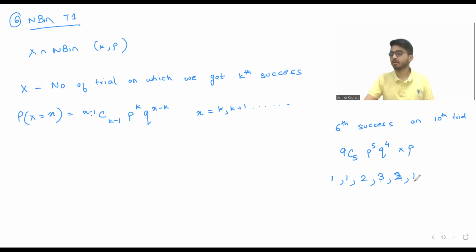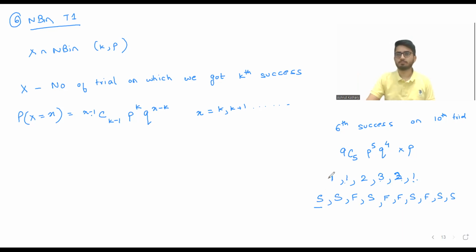What I'm getting is that on the 10th trial, starting from the beginning, I got my sixth success. So the sequence is in this form: my first trial was a success, second trial was a success, third was a failure, fourth was a success, fifth was a failure, sixth was a failure, seventh was a success, again a failure, success, success.